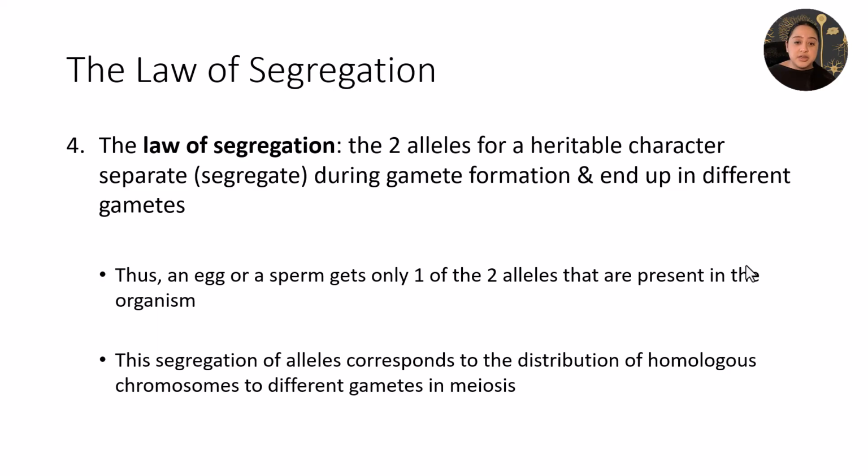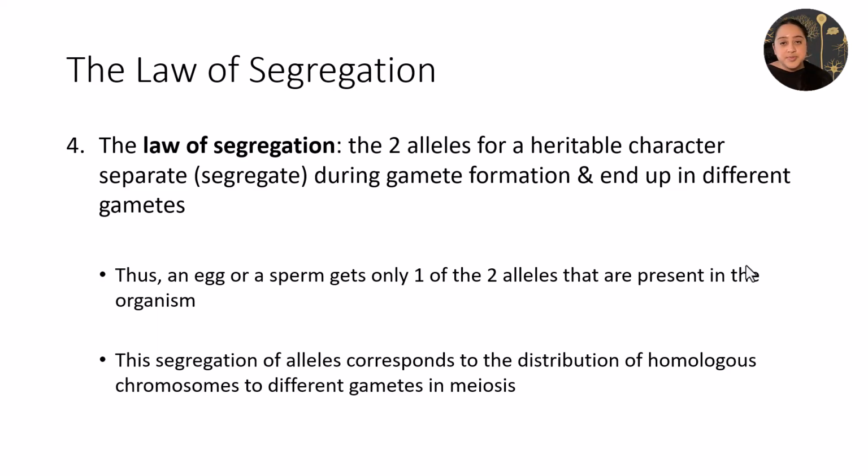Now we know that's how meiosis works: the chromosomes in meiosis get divided. So those two alleles that exist on these chromosomes separate during gamete formation and end up in different gametes. You have 4 different gametes, and all the alleles get separated from each other. Thus, an egg or a sperm gets only one of the 2 alleles that are present in the organism.